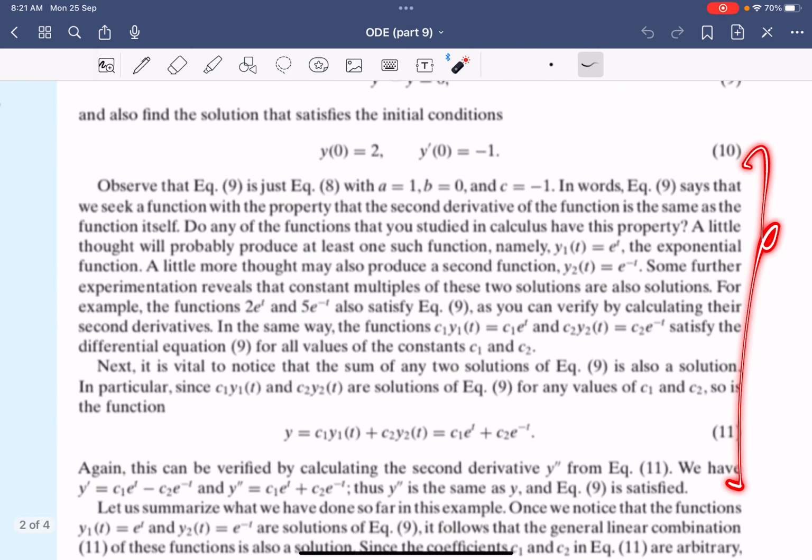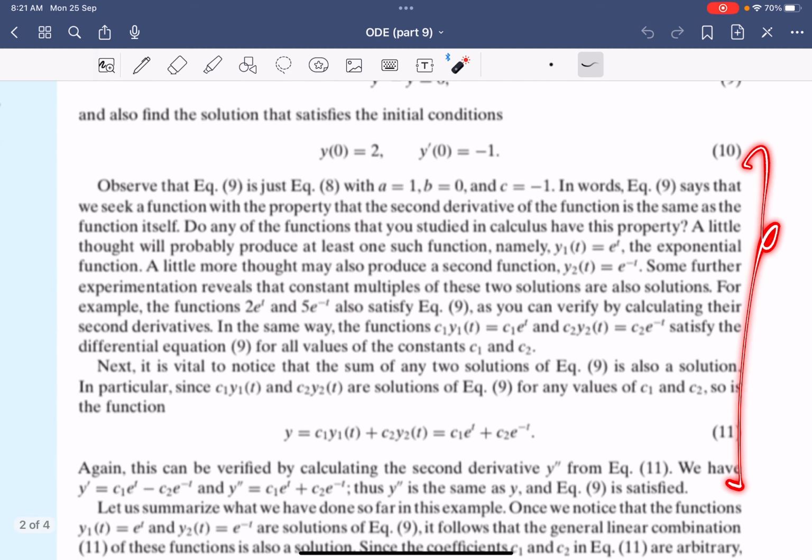We start by seeking an exponential solution of the form y equals e to the power rt. It then follows that y prime is this and y double prime is this. We substitute into the equation and pull out the e to the power rt. If this equals 0, it means the coefficient ar squared plus br plus c must equal 0. This equation is known as the characteristic equation of the ODE.